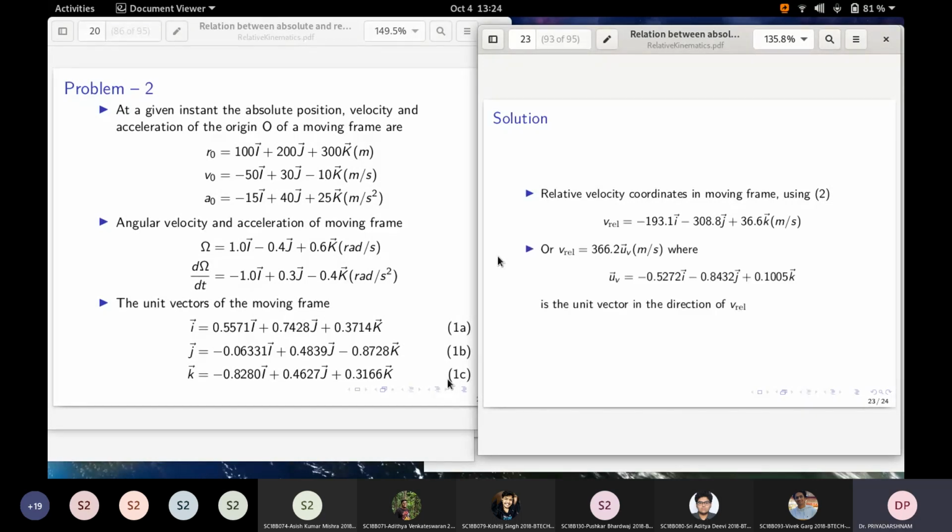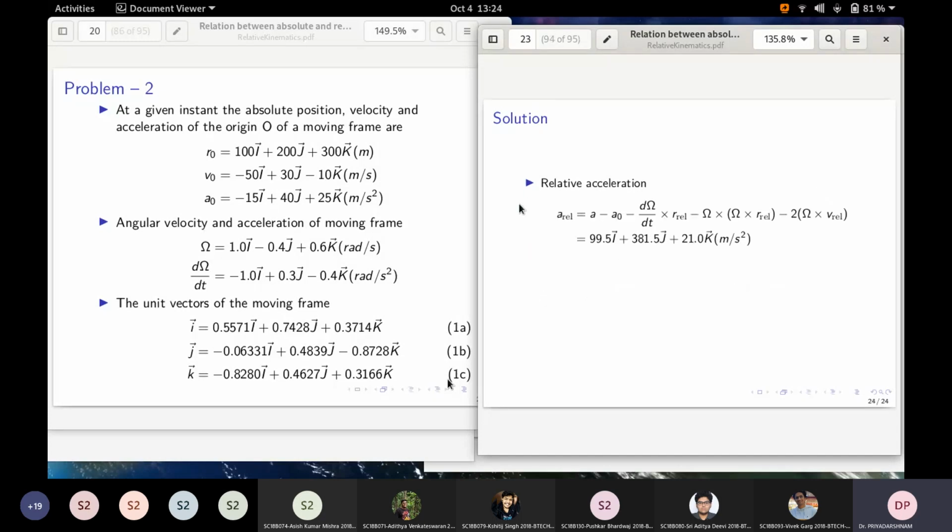Similarly, you have the relative acceleration component expressed in this expression. Each of the remaining terms on the right hand side is known: d omega by dt, a naught, the absolute acceleration, the relative position which you recently computed, then omega cross RL.